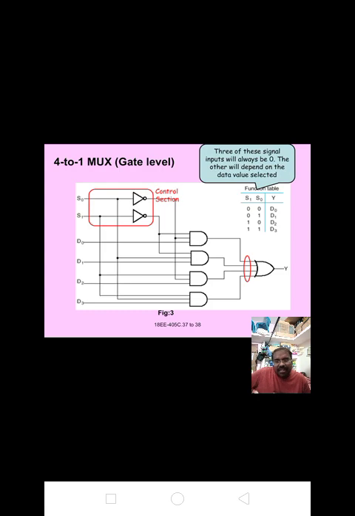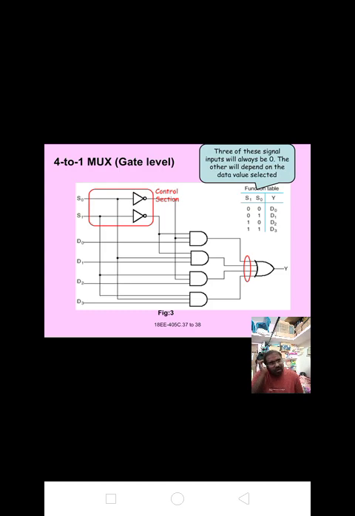If we select S0 equal to 0 and S1 equal to 1, we get the output y equal to D1. If we select S0 equal to 1 and S1 equal to 0, we get the output D2. If we select S1 equal to 1 and S0 equal to 1, we get the output y equal to D3. Okay, the diagram is the most important one. Please make a note of it.